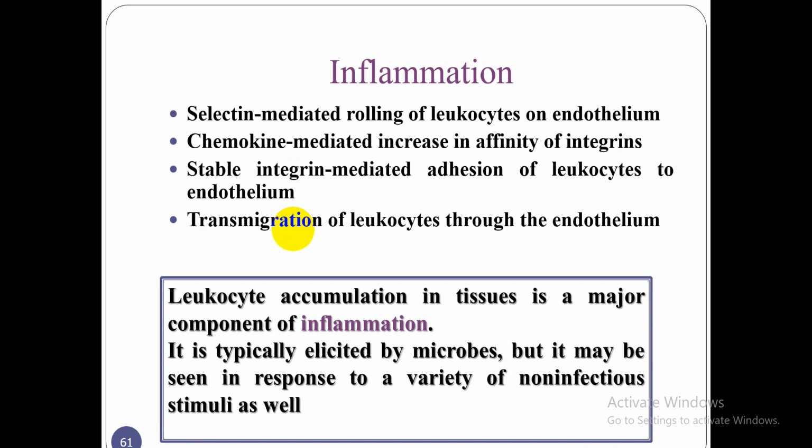Leukocyte accumulation in tissue is a major component of inflammation. It is typically elicited by microbes, but it may be seen in response to a variety of non-infectious agents as well.